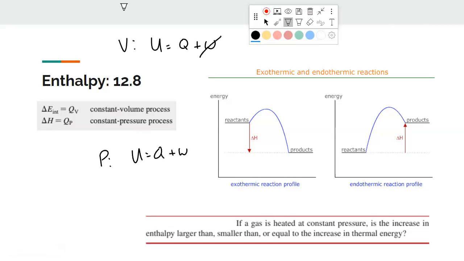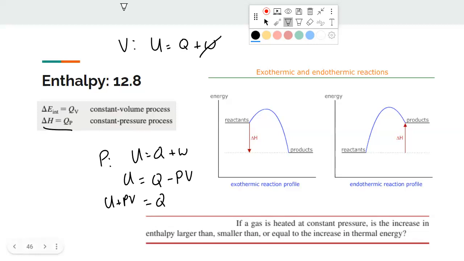And so you might ask yourself, what is this heat equivalent to? And the answer is the enthalpy, right? So the work here would just be minus PV. And so if we get that over to the other side, we get Q is U plus PV, which is the enthalpy.